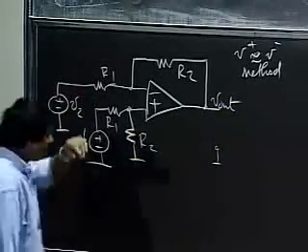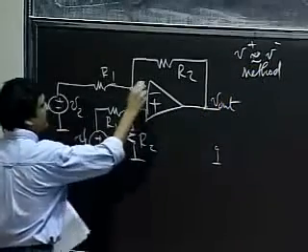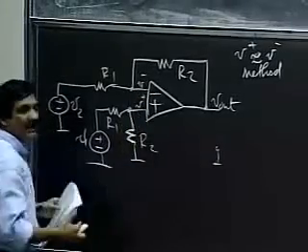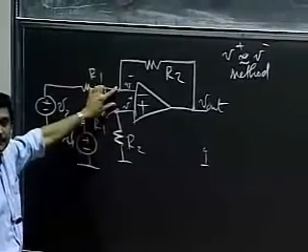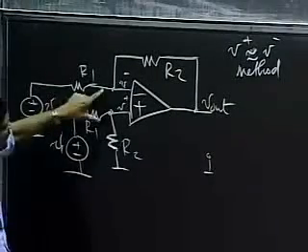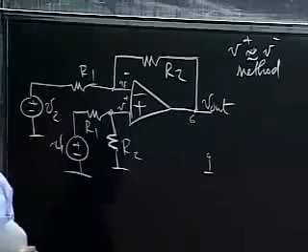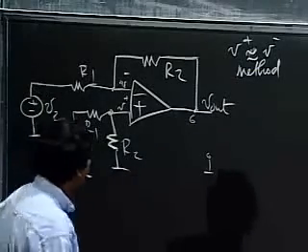When that happens, we claim that the V minus and V plus for the op-amp are more or less equal. To give you some intuition as to why that is so, let's say the output is 6 volts, and my supply is plus minus 12.